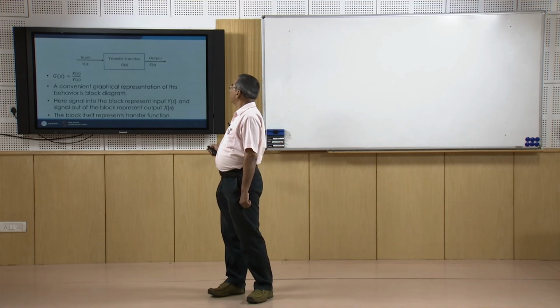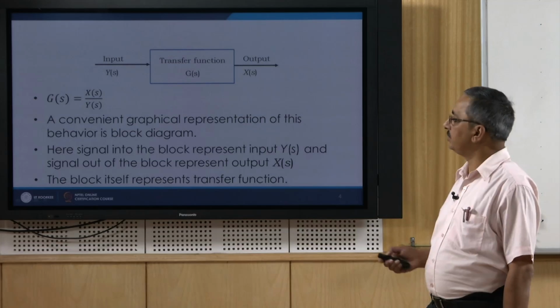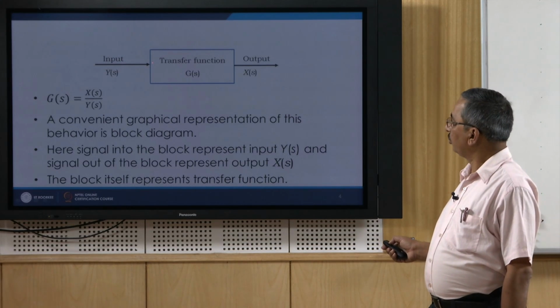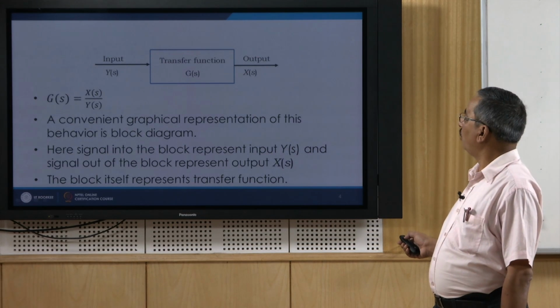So, here suppose we have a block, and the block represents a transfer function, say G(s), and say the input to the block is Y(s) and the output is X(s).